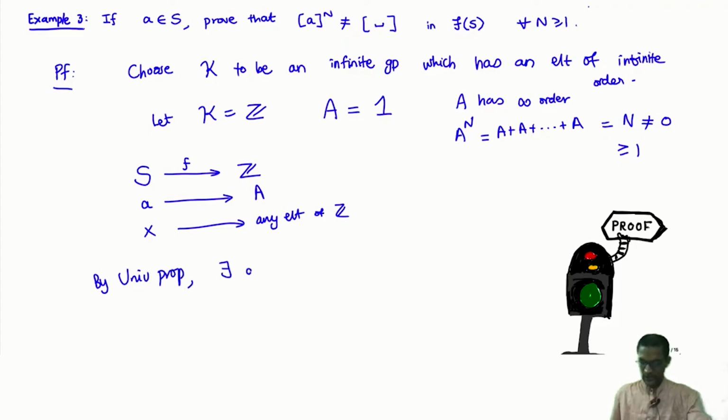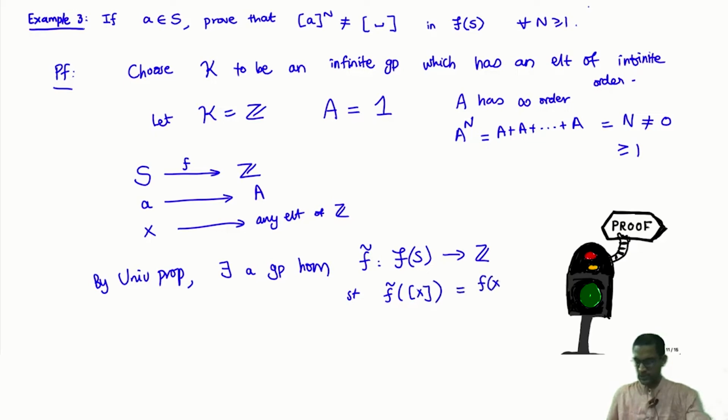It gives me that there exists a group homomorphism f tilde from the free group to Z such that f tilde of x is f of x for all x in S, and as you can imagine, in particular, all we are going to do is just take this particular value of x, which is A. So in particular, f tilde on A is going to give me capital A.